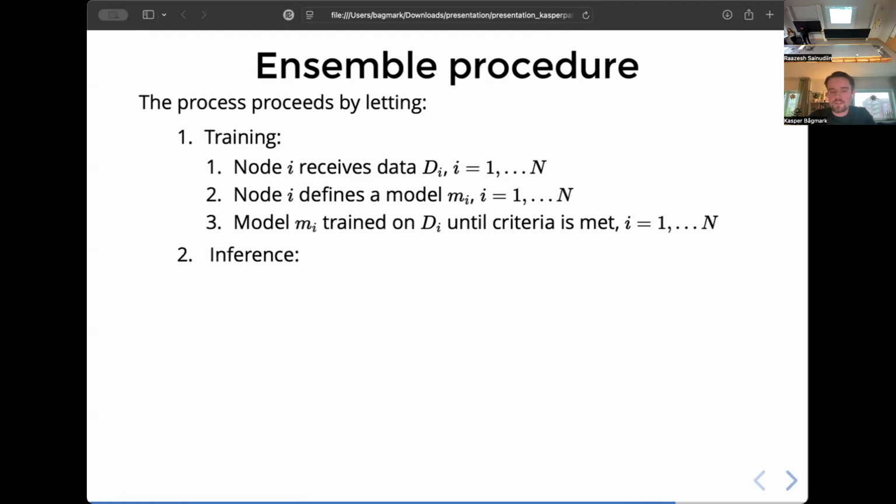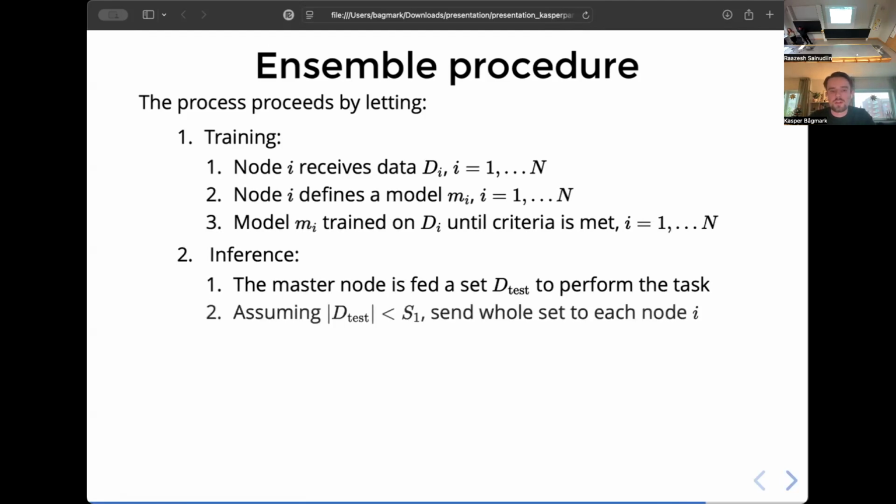And then at inference time, we get some data set, d-test, that we want to perform the anomaly detection on. This could be a single time series or it could be a large set. And if we assume this data set is smaller than S1, we send the whole data set to each node. So once again, some sort of one-to-all communication. But if it's larger than S1, we would have to partition it and send a bit at a time.